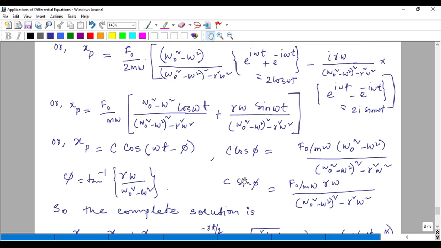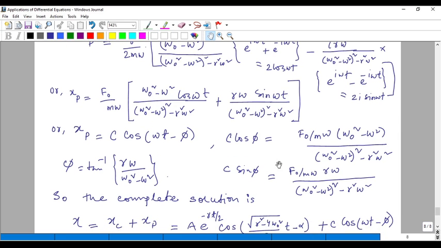From these two expressions we can write phi equal to tan inverse of gamma omega by omega 0 square minus omega square. If you put these expressions of C cos phi and C sin phi there, this can be written as xp equal to C cos of omega t minus phi.